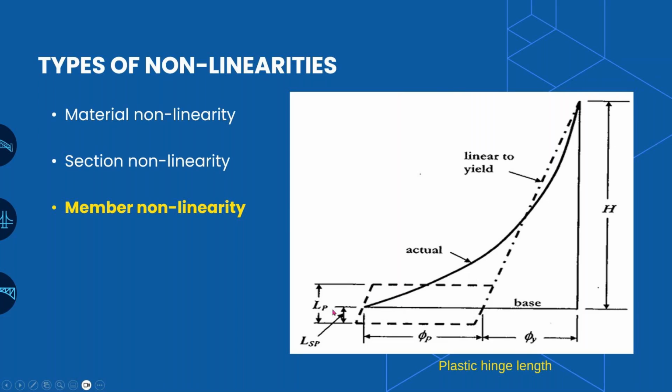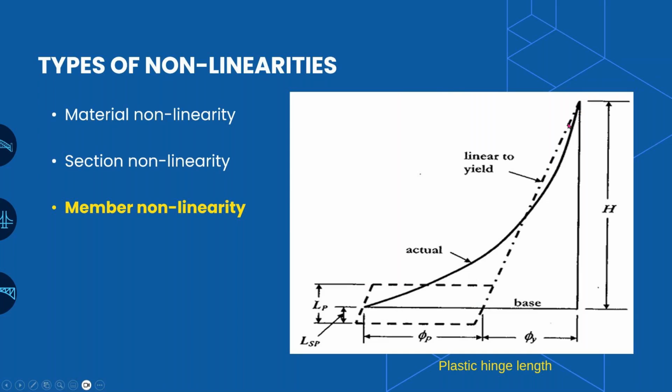The idealization in this case was found on the basis of a triangle and a parallelogram, and the area of both the nonlinear curve and the idealized curve is basically the way in which LP is computed.